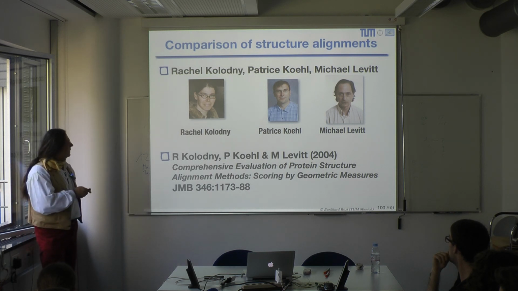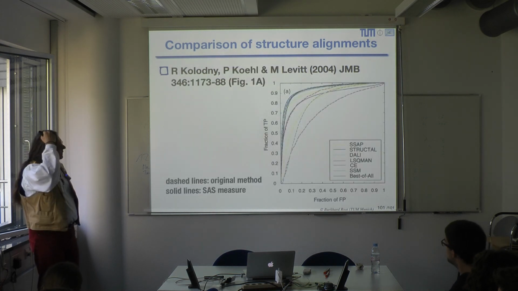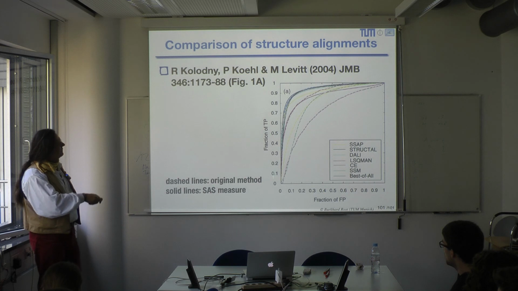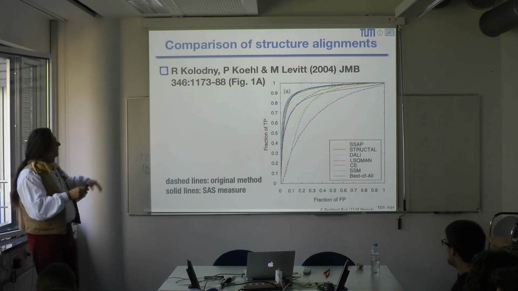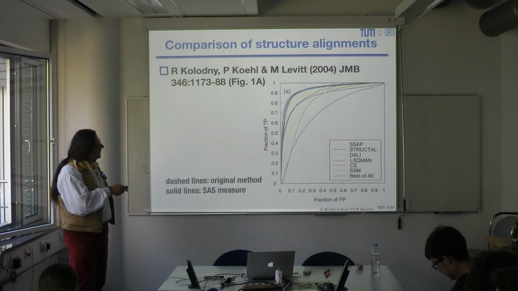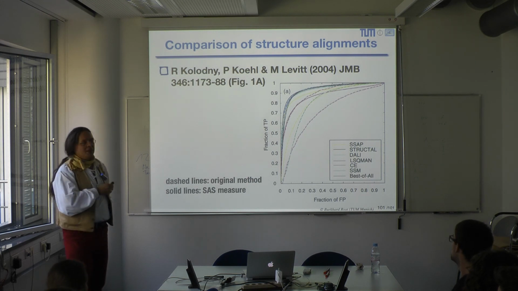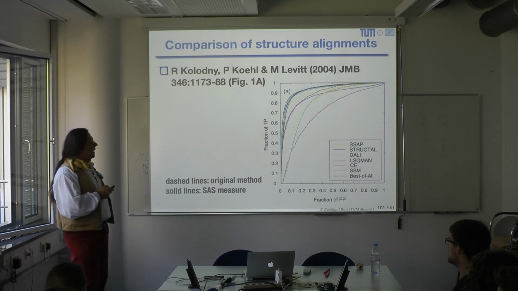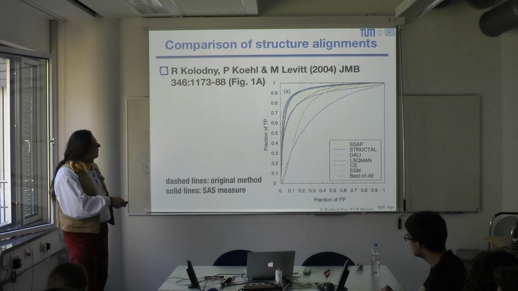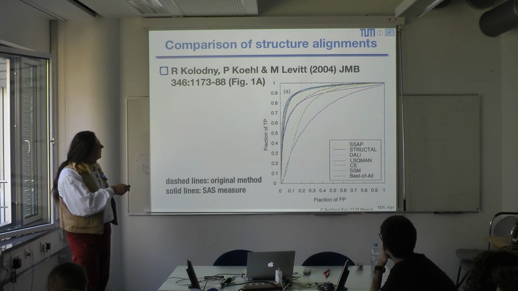A publication in 2004 from Rachel in JMB, in which Rachel compared different structural alignment methods and found the fraction of false positives, fraction of true positives, the background I believe was SCOP, I can't remember, and those are in fact different alignment methods, right? So one take-home message, they differ.